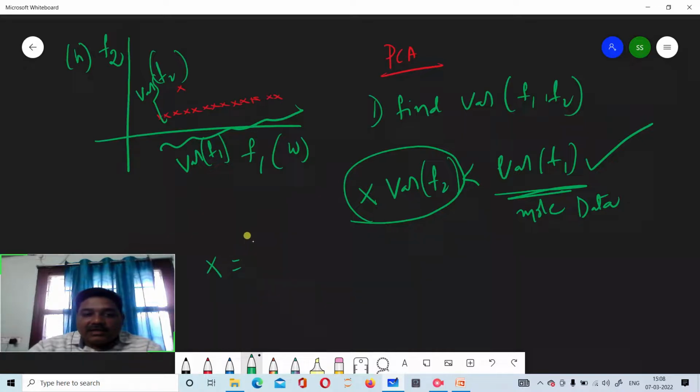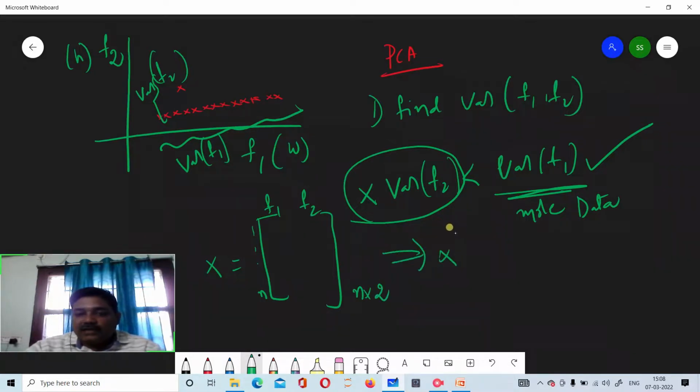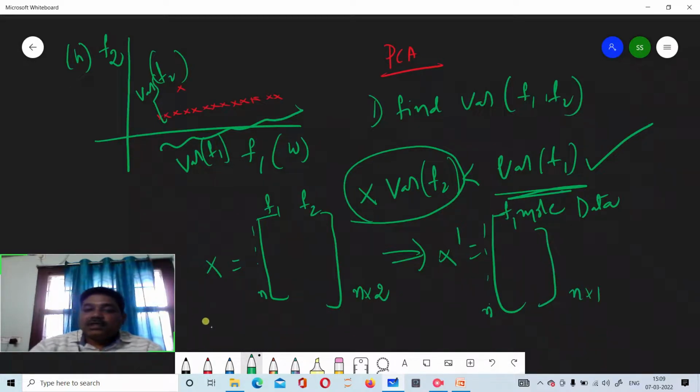Now your data matrix will convert. For example, I can transform the data like that: n rows with feature 1 and feature 2, so an n cross 2 matrix, transforms to X dash with only feature 1, n cross 1.